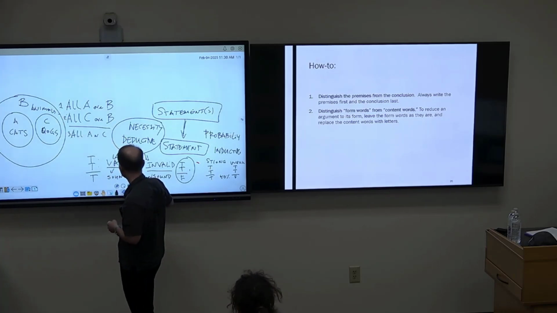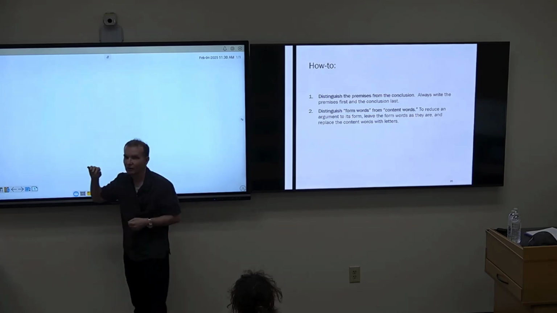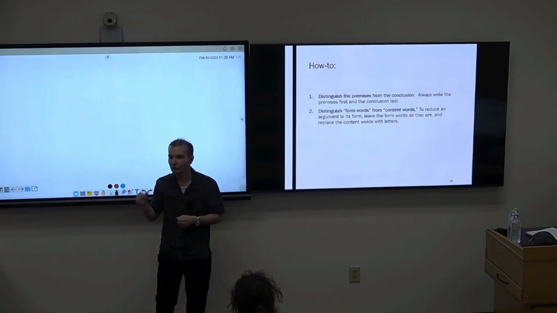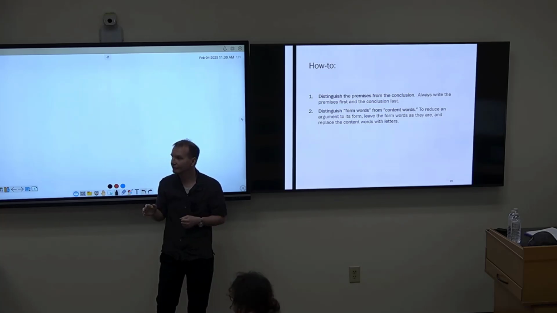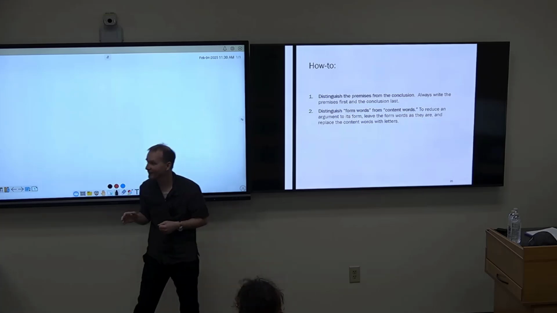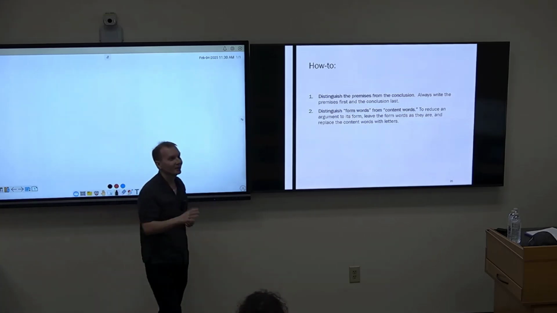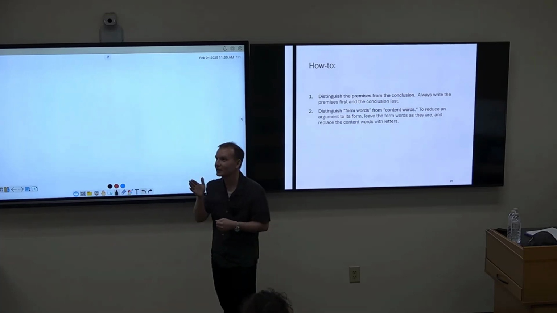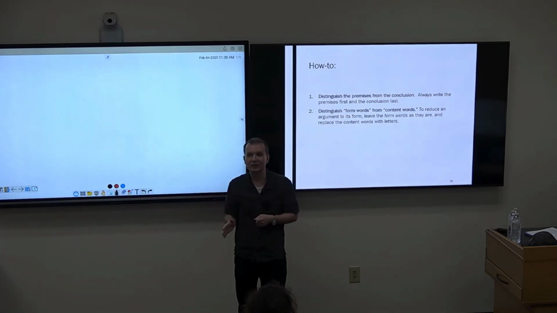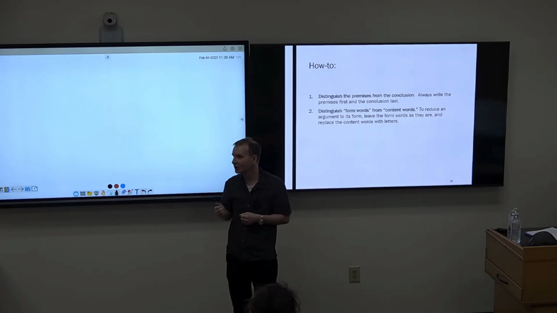What you will usually be given is just the text, and you have to figure out one thing. How do you figure out what the conclusion is? Indicator words. Yes, if you have indicator words for the conclusion, fantastic. That immediately tells you what the conclusion is. If you don't, but you have indicator words for premises, then you know what your premises are, and whatever is left out is your conclusion.